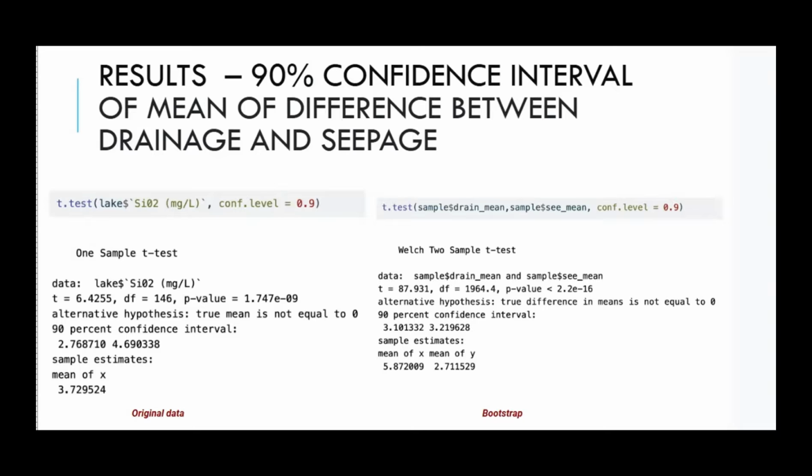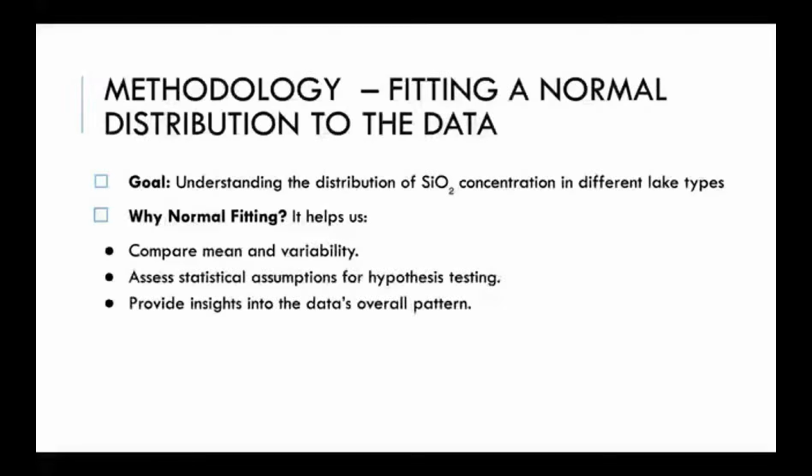For the original data, the t-test told us the 90% confidence interval for the overall mean difference falls between 2.77 and 4.69. However, with our bootstrap dataset, the 90% confidence interval of the mean difference is much narrower, at 3.1 and 3.22, suggesting a stable and reliable estimate.